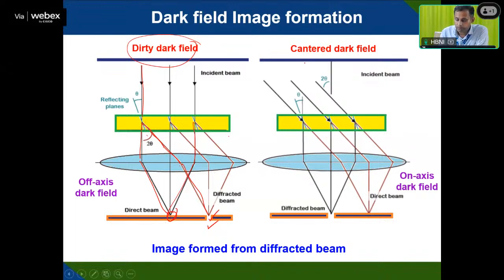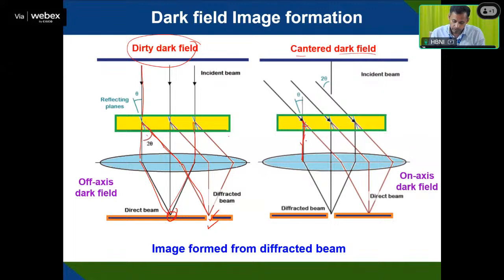But in center dark field, instead of the beam falling perpendicular to the sample surface, you make an inclined electron beam falling here, and let it be diffracted at an angle 2 theta, so the diffracted beam is now perpendicular.